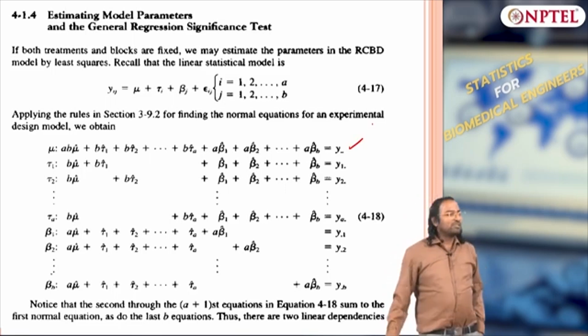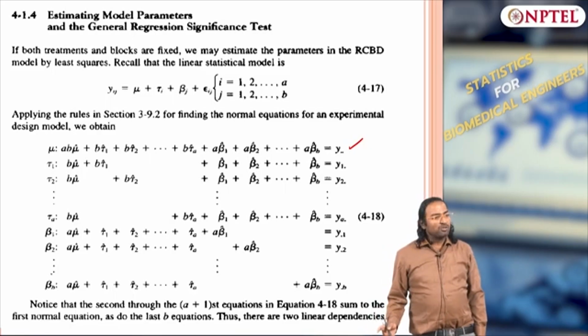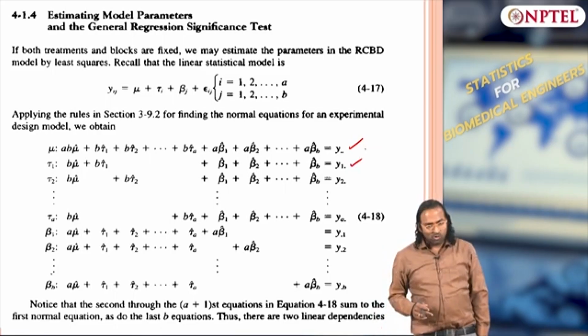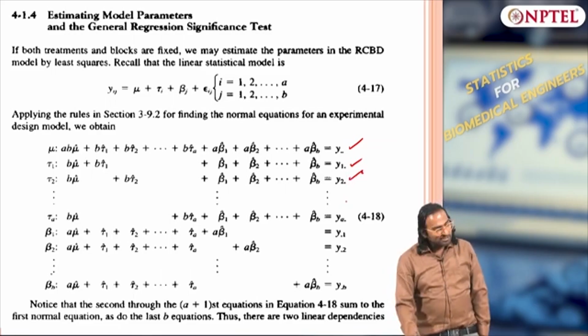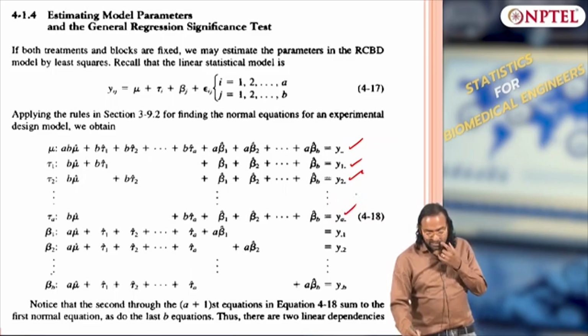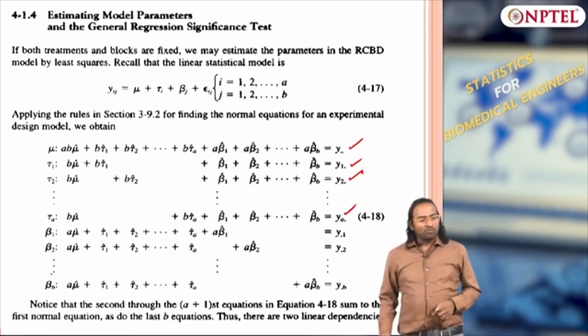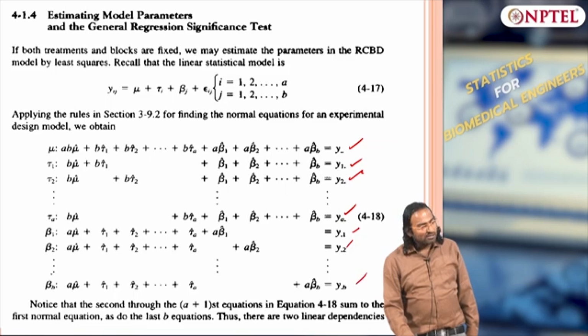Tau 1 appears in the first row alone, so it is y1 dot, and tau 2 appears in the second row, y2 dot, and tau a appears in the a-th row, so this is ya dot. And similarly for blocks: y dot 1, y dot 2, up to y dot b.